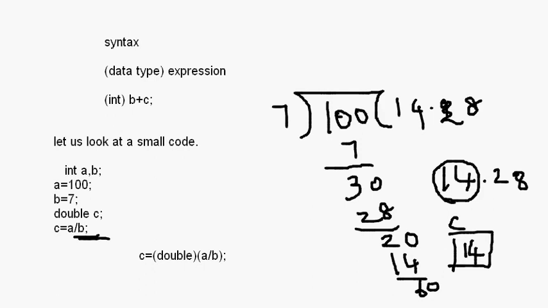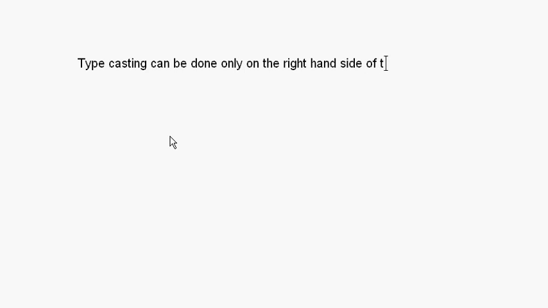Now remember this, typecasting can be done only on the right hand side of the assignment statement. You can't do it on the left hand side. So this is basically what is typecasting. Now I'll show you some more examples to make the concept clear.